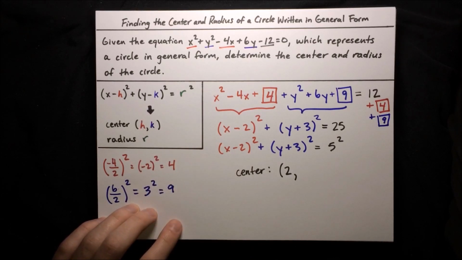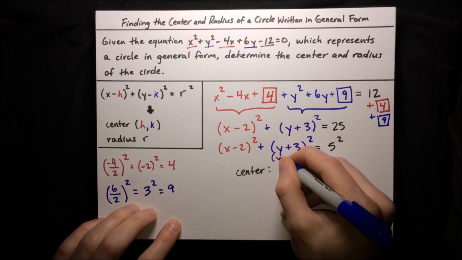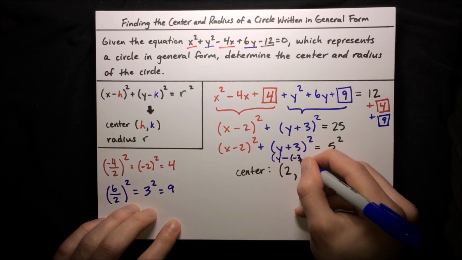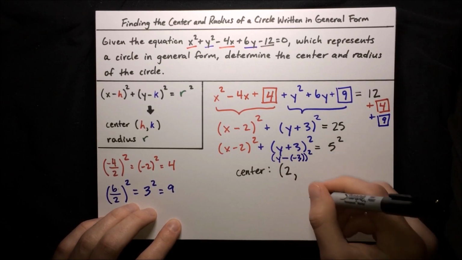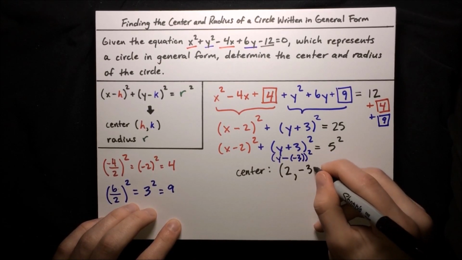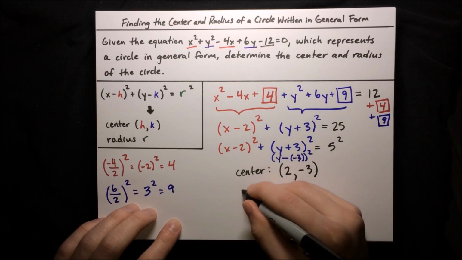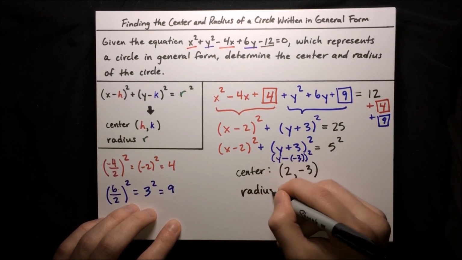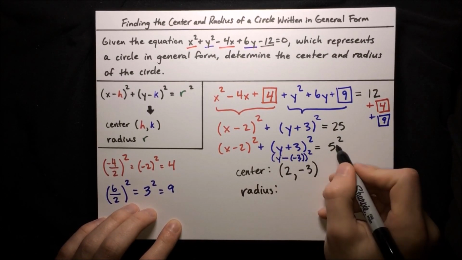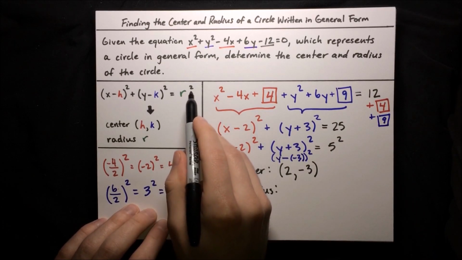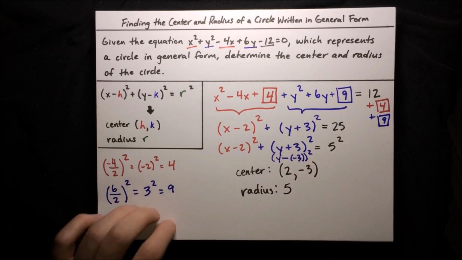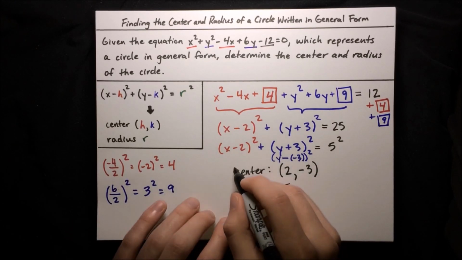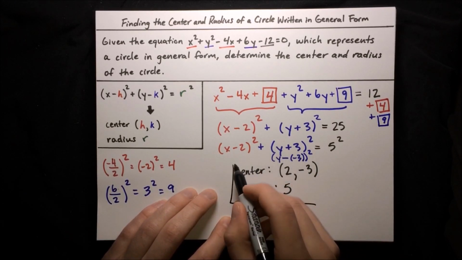So why don't we write this as y minus -3 squared. And now we can see that the center y coordinate is just -3. Okay, and then what is the radius? Well, the radius is just this number, the thing that is being squared on the right hand side. So radius is just 5. So great, we're done. These are our final answers.